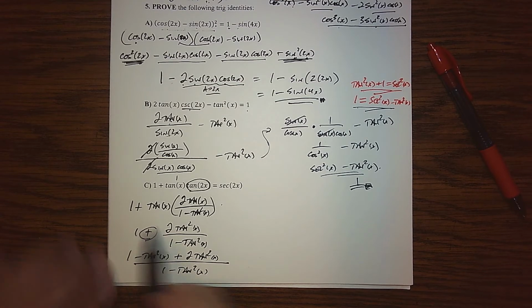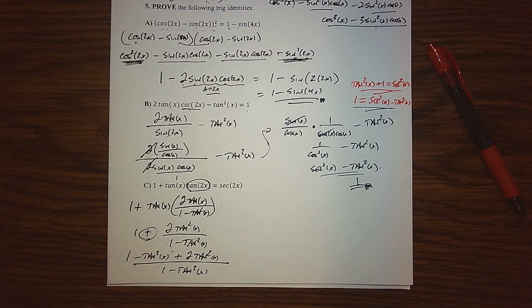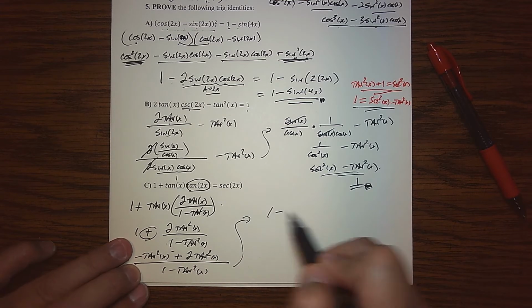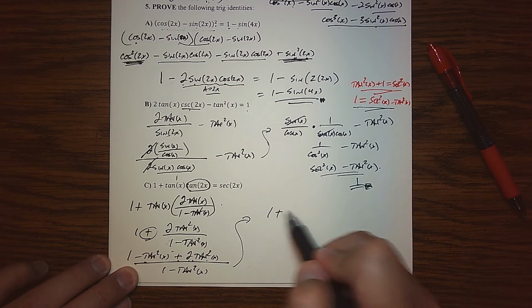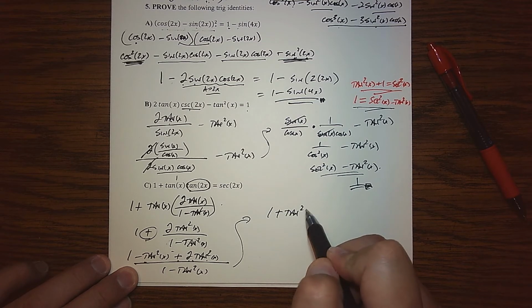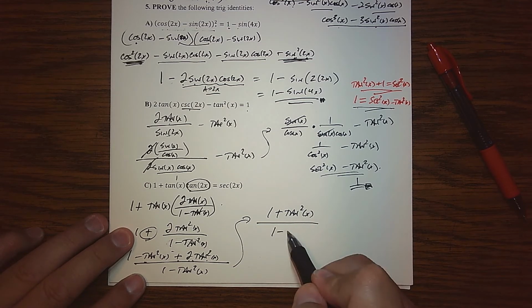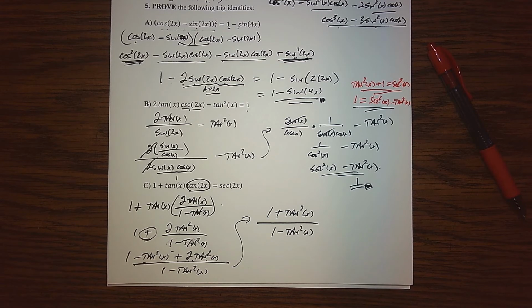So I just rewrote this 1 as this thing over itself, and then I basically combined my fractions together. So if we take a look at this, we're basically looking at 1, there's a minus tangent squared plus 2, so we're looking at 1 plus tangent squared x, right, all over 1 minus tangent squared x.